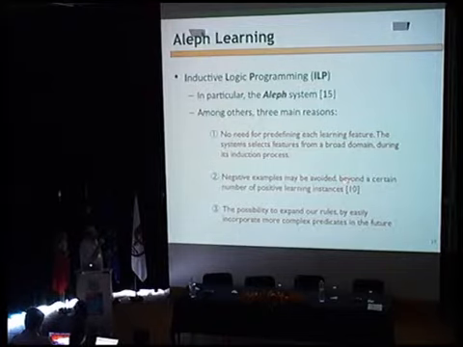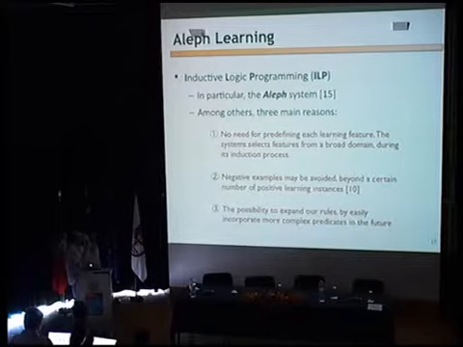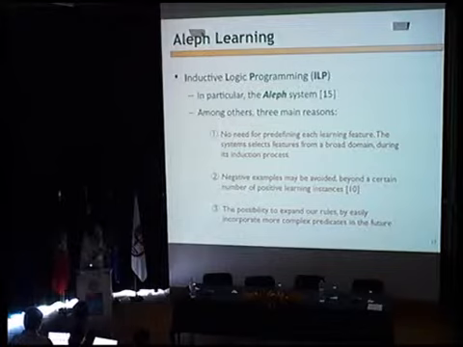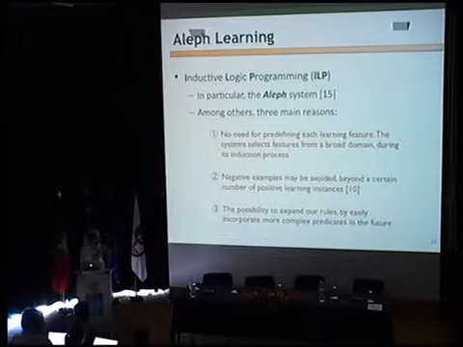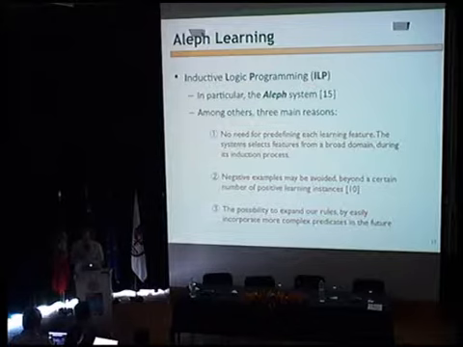This is theoretical work from Stephen Muggleton. And in the ALEPH framework, it is also easy to progressively expand the complexity of the learning rules by proposing more complex predicates.